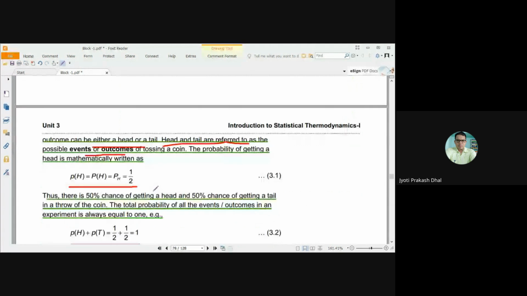Now, if you toss the coin once, then the probability of getting head is mathematically written as probability of getting head, or that may be written as pH. That is 1 by 2, half. So the probability of getting a head for tossing a coin once is 1 by 2.